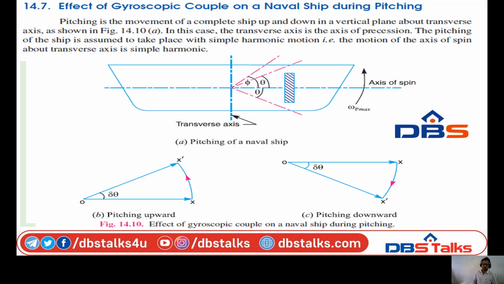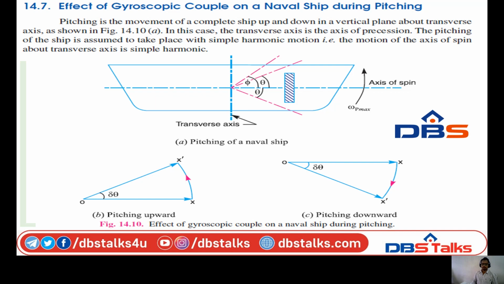This is the transverse axis vertically, and horizontally it is the longitudinal axis or axis of the spin. See here in the diagram the pitching of a naval ship, pitching upward and pitching downward.